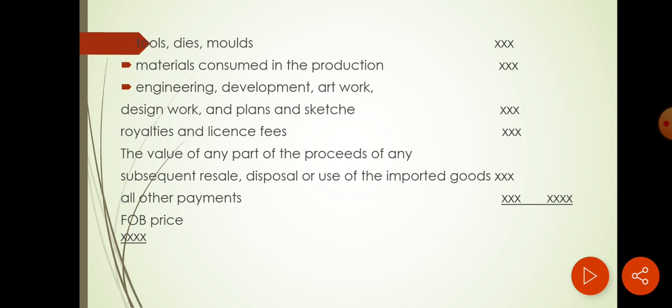Any expenses relating to subsequent resale or disposal, if given in the problem, are also to be added. If you add all this to the price, you get the FOB price, which we call the free on board price.